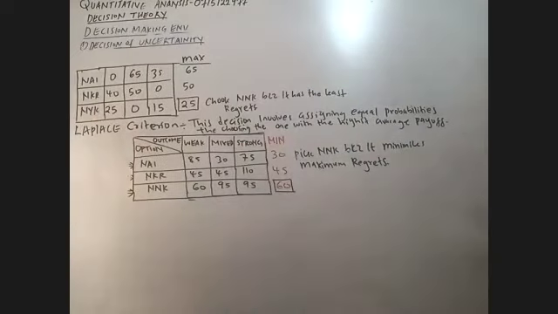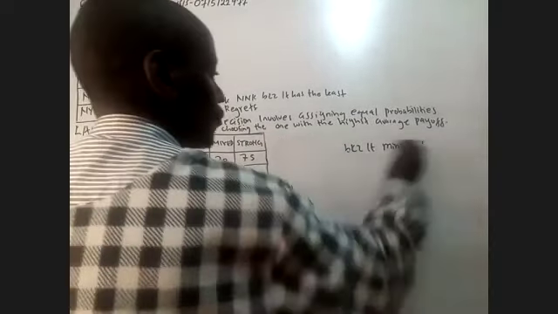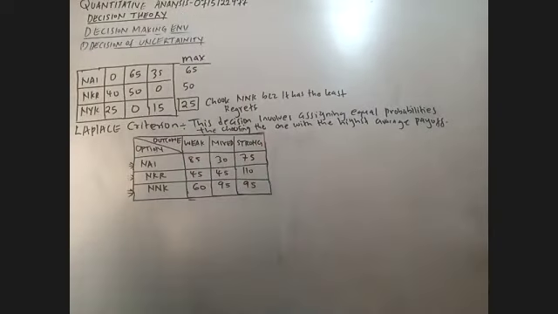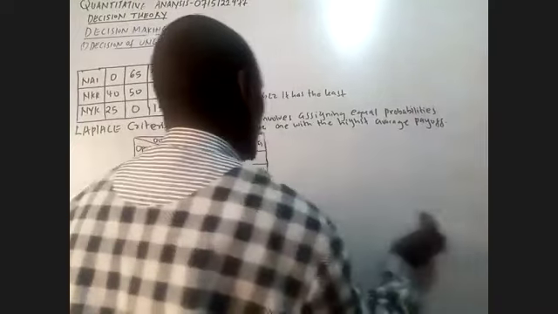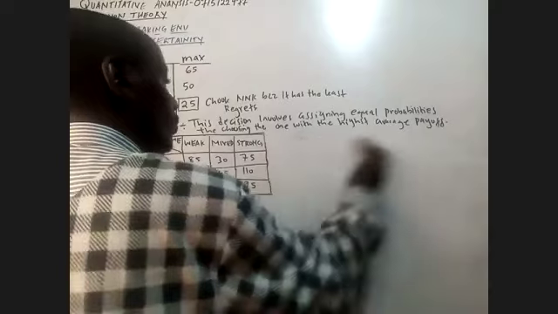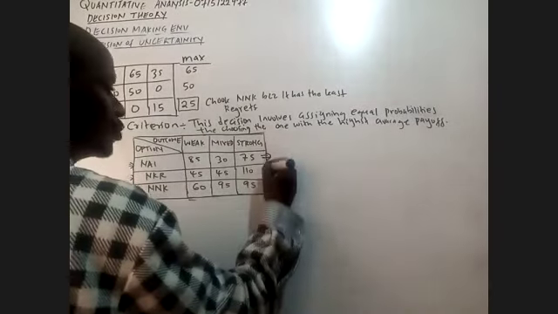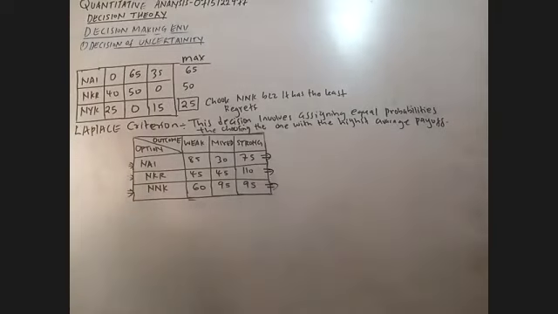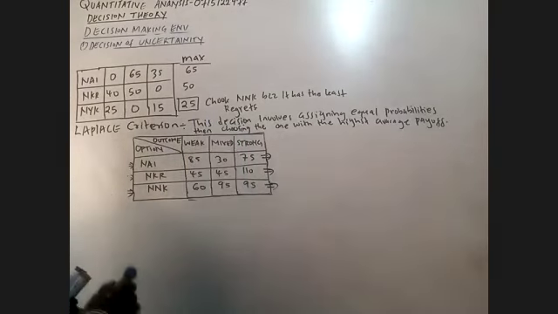We say this method involves assigning equal probabilities, then choosing the one with the highest average payoff. So use the original one. So this method involves assigning equal probabilities, then choosing the one with the highest average payoff.